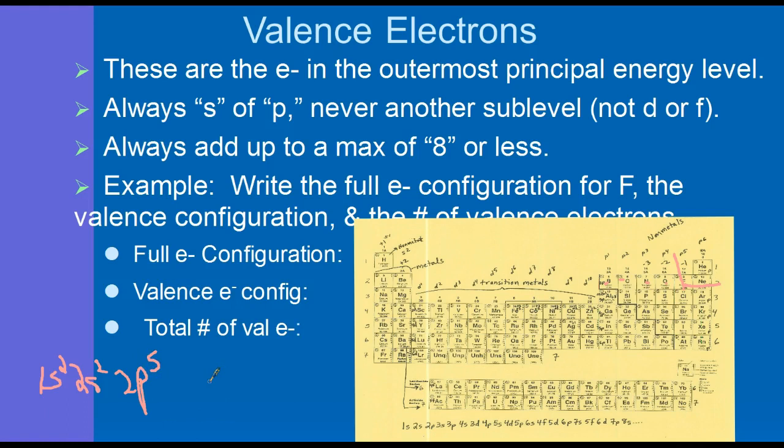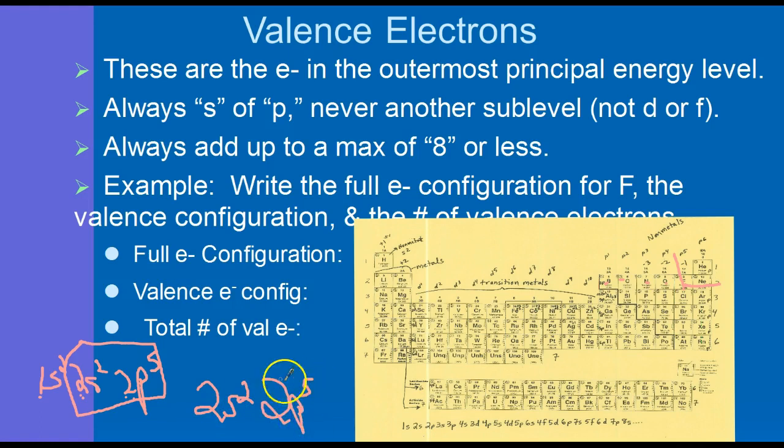So it said write the full electron configuration for F. Then the valence configuration. The valence configuration is the outermost part of the configuration, meaning the ones with the largest coefficient type numbers. So the valence configuration is this part. I could see a 1 there, but these two 2's trump it. So the valence configuration is 2s2 and a 2p5.